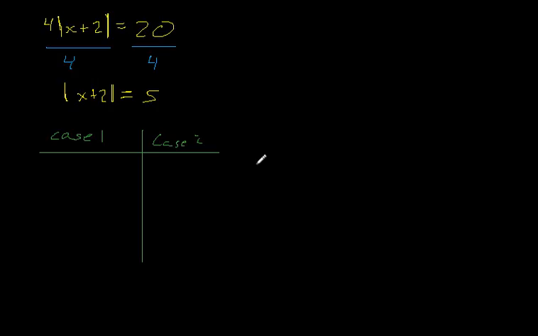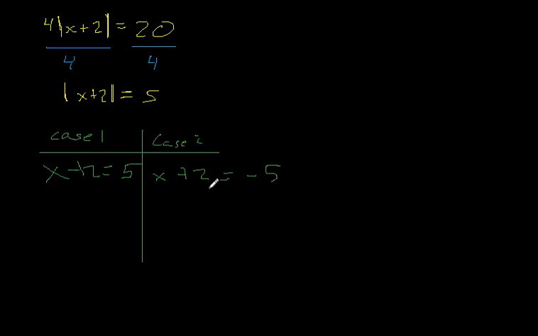Right, and now from this point, what you're going to tell me is two things. The first thing you're going to do is get rid of the absolute value symbols. So we're going to do x plus 2 equals 5, and x plus 2 is equal to negative 5. Perfect.